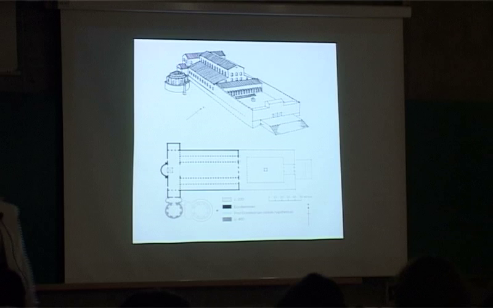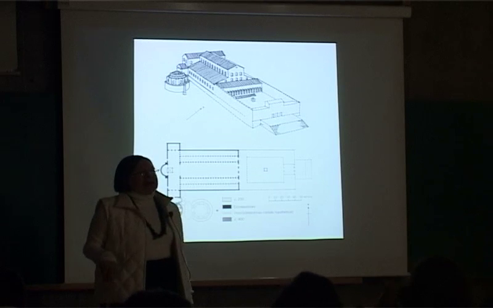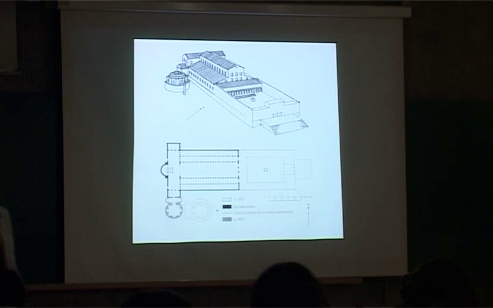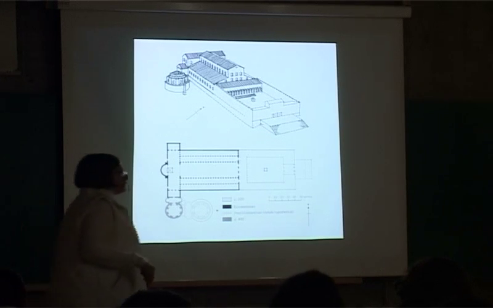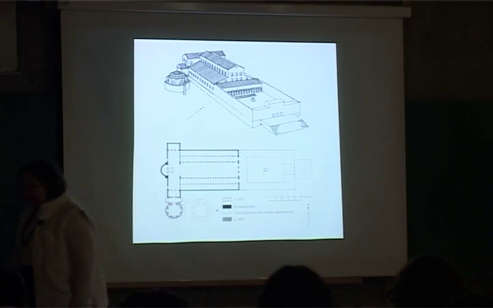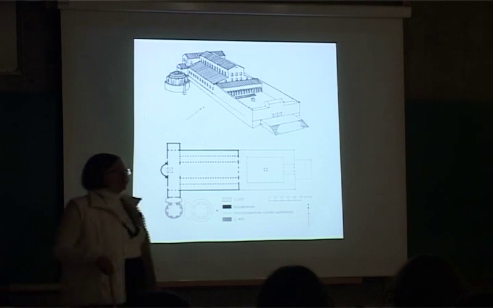And when Christianity started to come into the open after the Edict of Milan in 313 AD, when Christianity became legal to practice, then the Christians came out into the open, and they needed to have a congregational space in which to come together for their prayers.